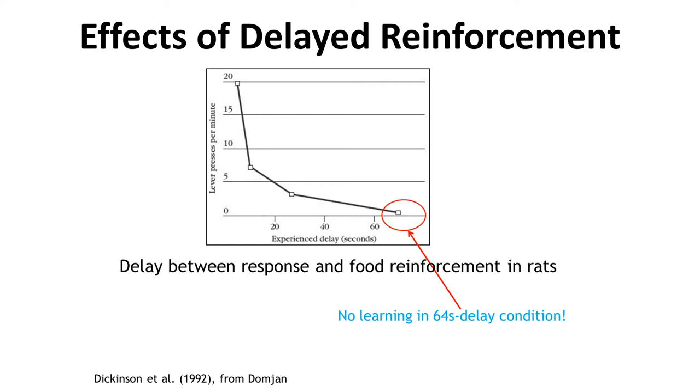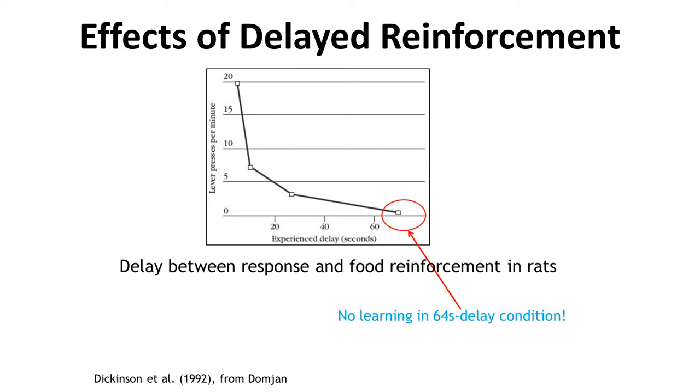And because we care about the effects of delayed reinforcement here, we would have rats who would experience very small amounts of delay, so almost immediate reinforcement, up to very, very long delays. This experiment looked at the difference between about 0 delay all the way up to 64 seconds or more, and saw how much lever pressing we saw in rats that were reinforced with that much of a delay.